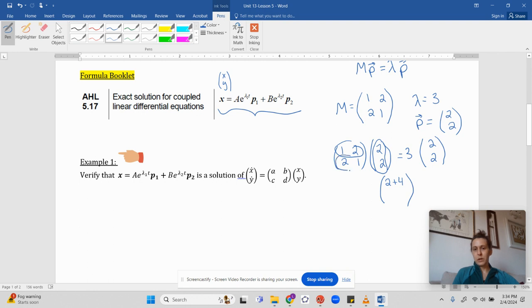And then the next row would be 2 times 2 plus 1 times 2, 4 plus 2, which is clearly equal to 3 times 2, 2, which is 6, 6. So that is an eigenvalue with a corresponding eigenvector. We'll go through the process of how to actually find these again in example 2. But for right now, that's just the basics of notation.